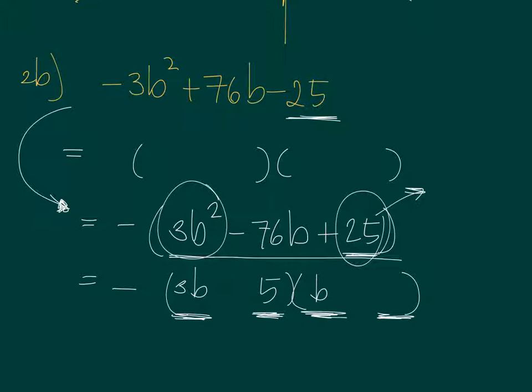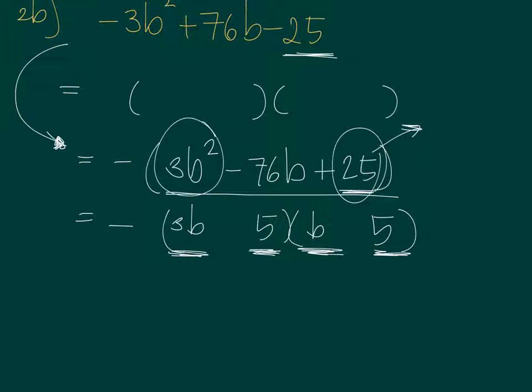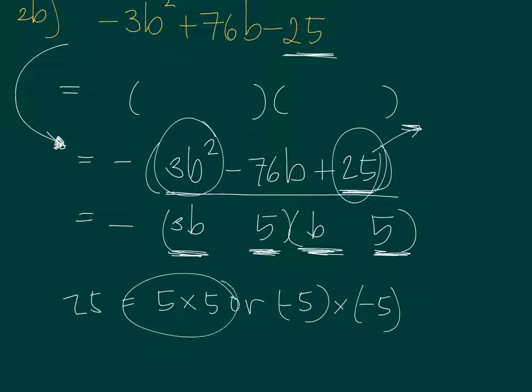The first one that I can think of is 5 and 5. Okay, and then 25 can be obtained either from 5 times 5 or from negative 5 times negative 5. So you have to select which of the combinations is more appropriate. How do we do that?